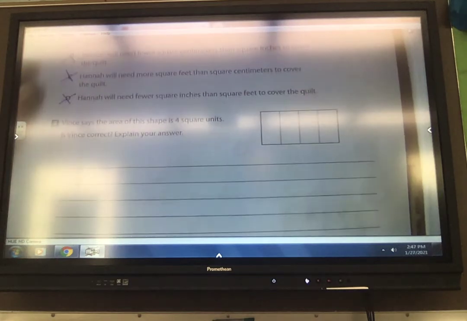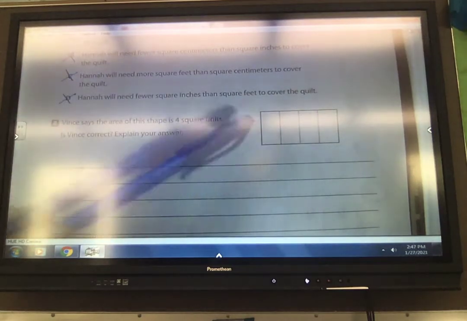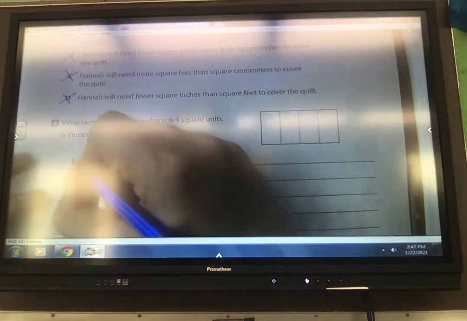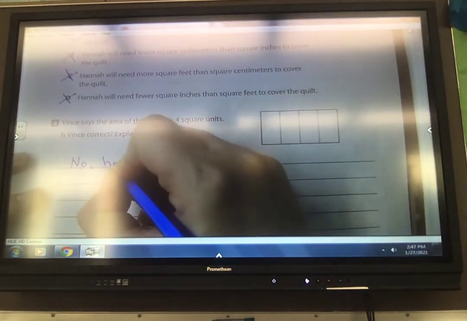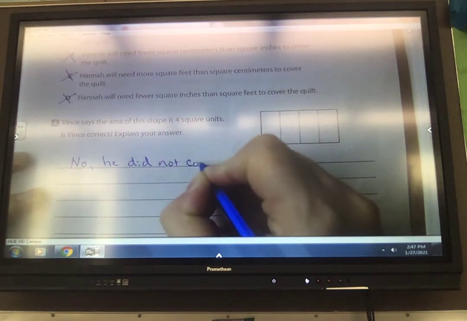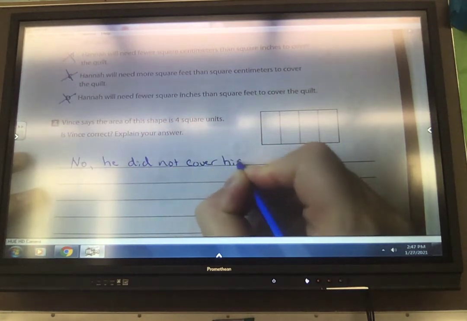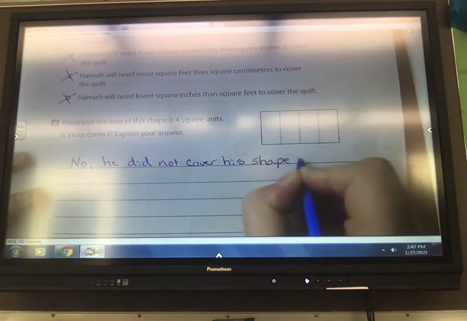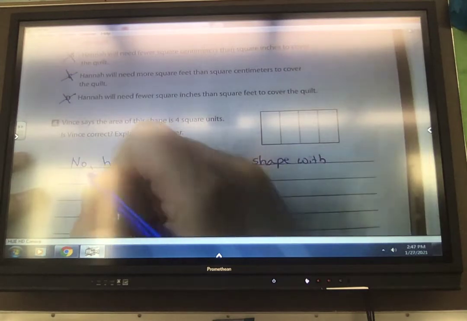All right, number 4. Vince says the area of this shape is 4 square units. Is Vince correct? Are these squares, third graders? No, these are not squares. No, he did not cover his shape with squares.